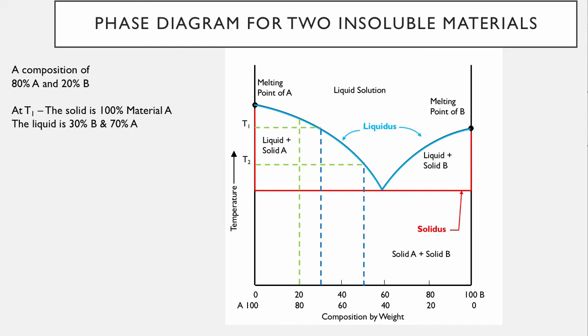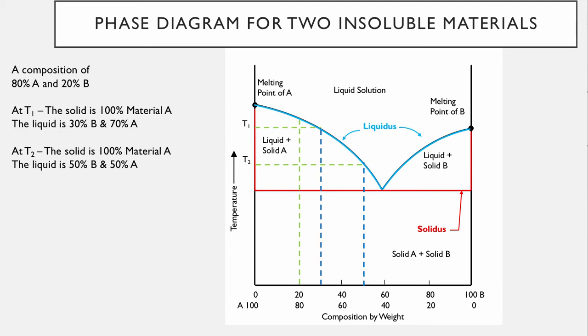When we drop down from the liquidus, we end up at about 50-50 A and B. When we drop down from the solidus, we're still at 100% material A solid, and none of the solid is material B. So again, 100% A solid, and the liquid is about 50-50 at temperature T2.